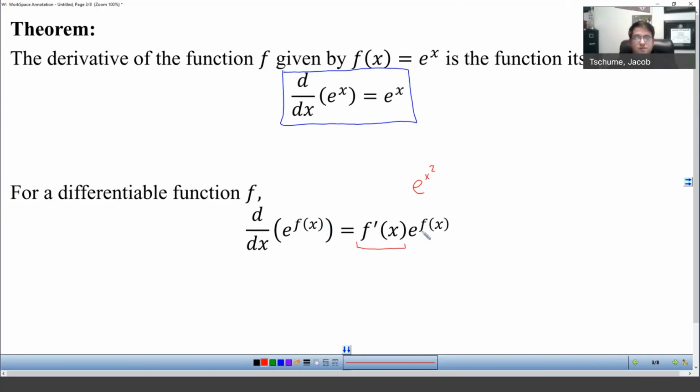Your e function doesn't change at all. Now, I know it's going to be really tempting to subtract 1 from the power because you did that in the power rule. But with e's, you don't touch the exponential function. All you have to do is multiply it by the derivative of the power. So those are the two rules we're going to practice in this video, so we're comfortable taking derivatives of e when it comes to exponential functions.